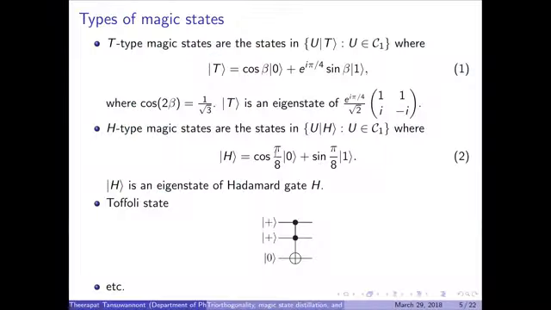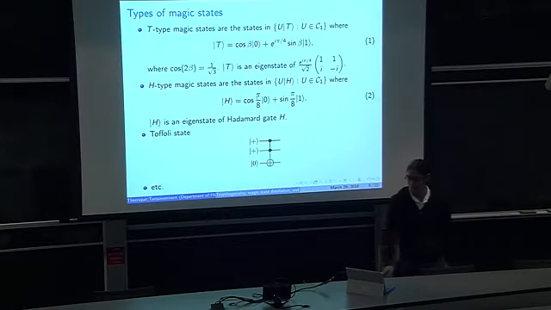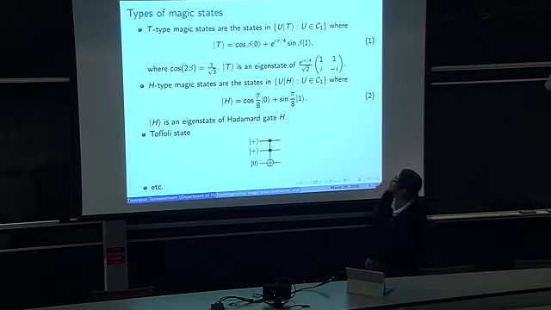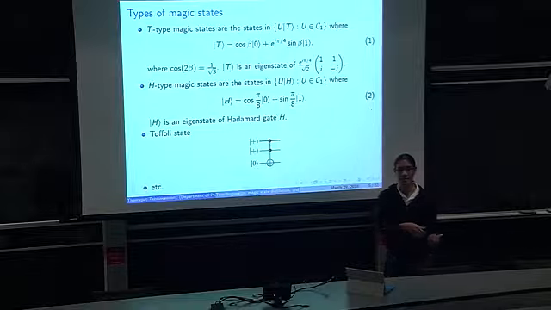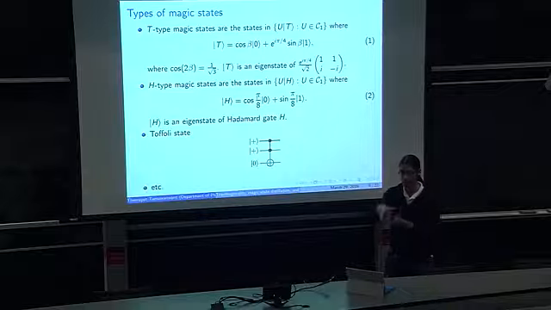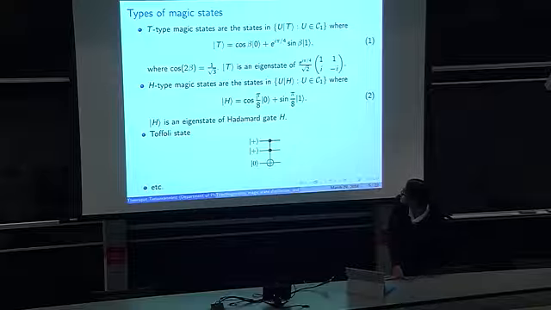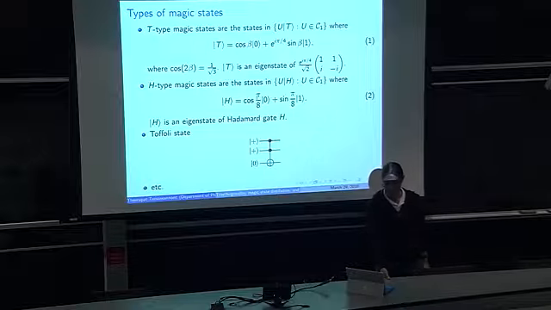There are many types of magic states. In the original paper by Bravyi and Kitaev, they introduced two types. The first one is the T state, which is the eigenstate of the T operator, which, if you remember from class, is an operator that swaps between the X, Y, and Z operators. Another is the H state, which is an eigenstate of the Hadamard gate.